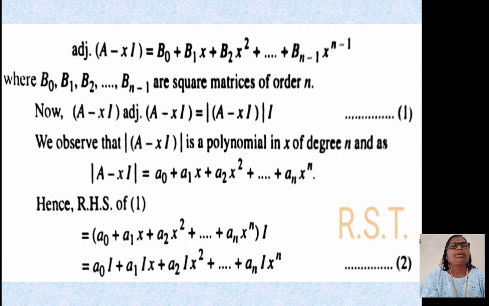Hence, the RHS of equation 1 equals a0 I plus a1 I x plus a2 I x squared plus last term an I x raised to n. Denote this RHS of equation 1 as equation 2.